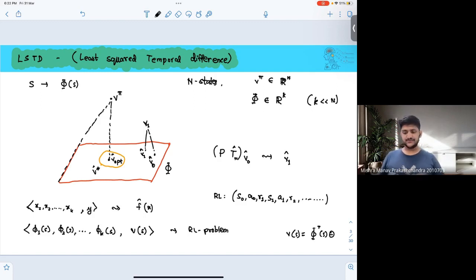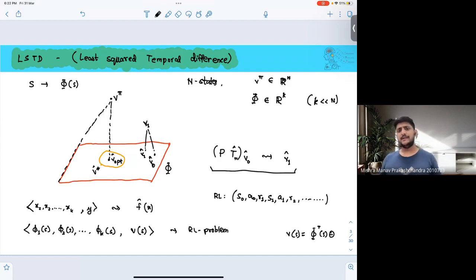If this is clear, I want you to recollect this formulation, what happened in LSTD. We first take initial v naught and apply the contraction operation for an MDP problem, which could be a Bellman operation or any other contraction operation.